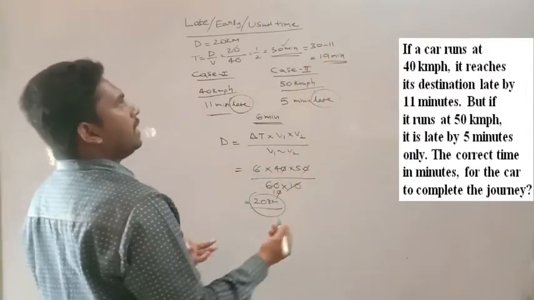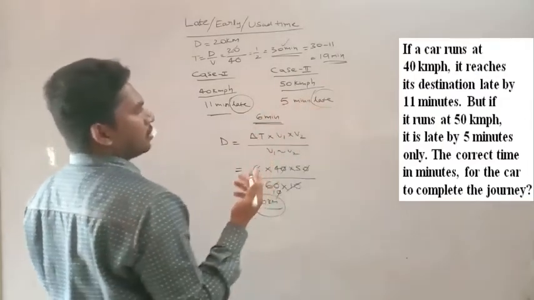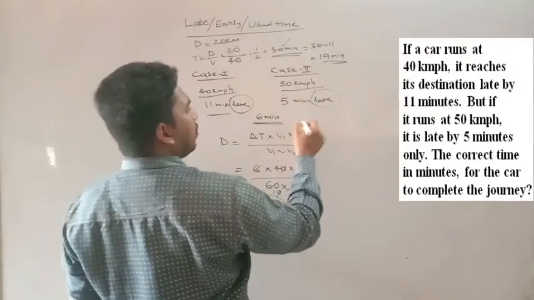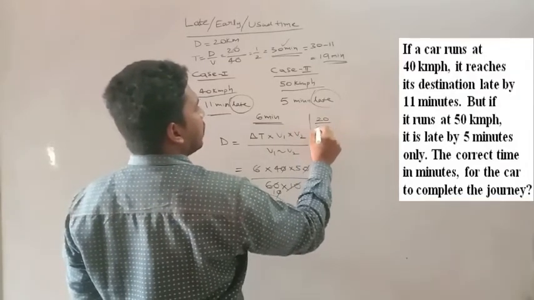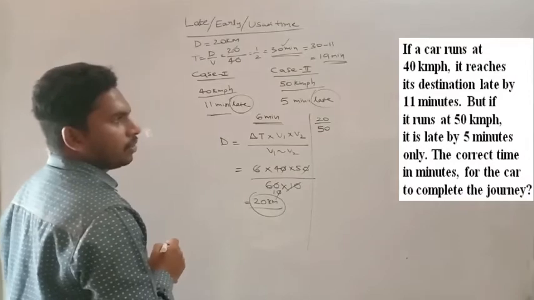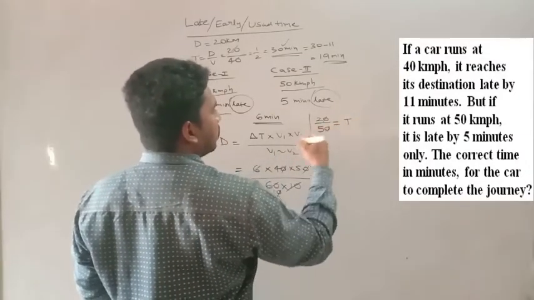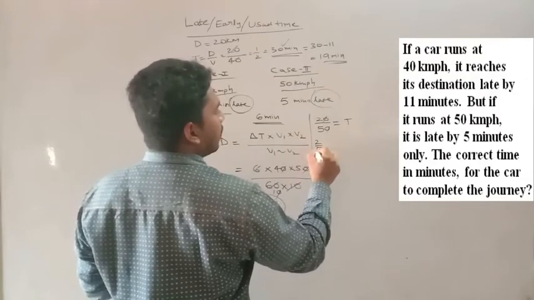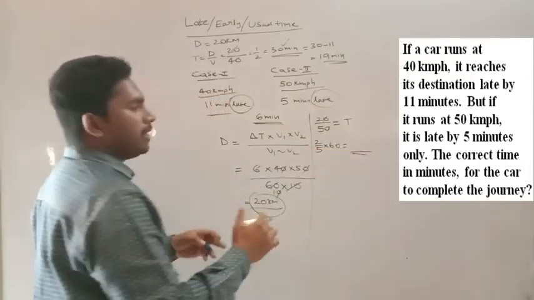Okay, so similarly you can solve the same using the second case also. Here the distance remains the same, that is 20, and the velocity is 50 here. So this will be your time, right? So 2/5 of an hour, into 60, so whatever you get here will be in minutes.